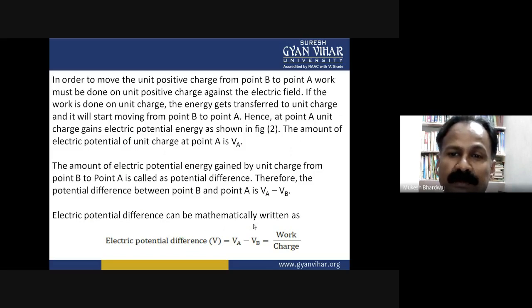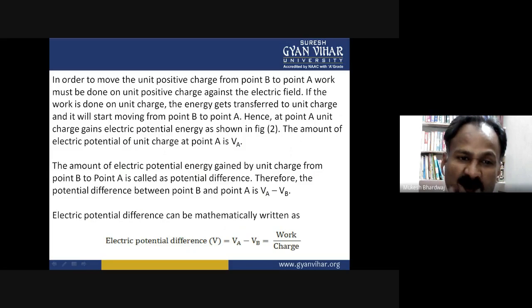Hence, at point A, the unit charge gains electric potential energy as shown in figure 2. The amount of electric potential of a unit charge at point A is VA.